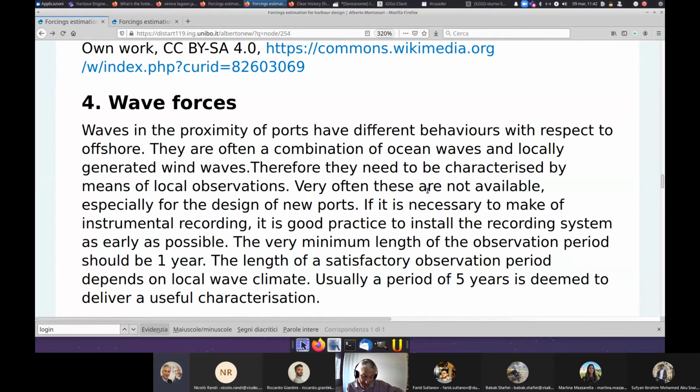But actually, when we are talking about extreme waves, we are talking of something that may happen once, on average, once every 50 years, once every 30 years, once every 100 years. And therefore, you can easily understand that if you have only 1 year of observations, it's problematic to define the behavior of something that is unlikely to occur during a short observation period.